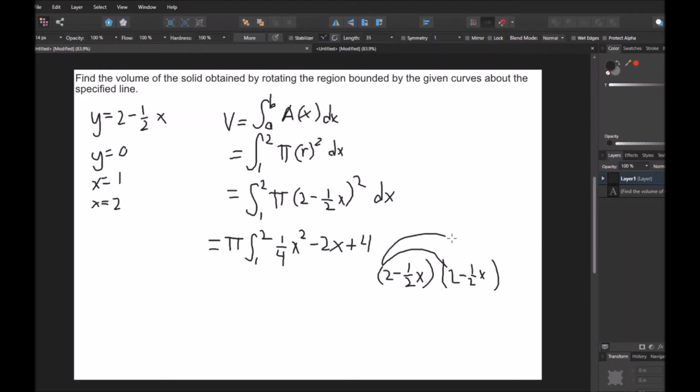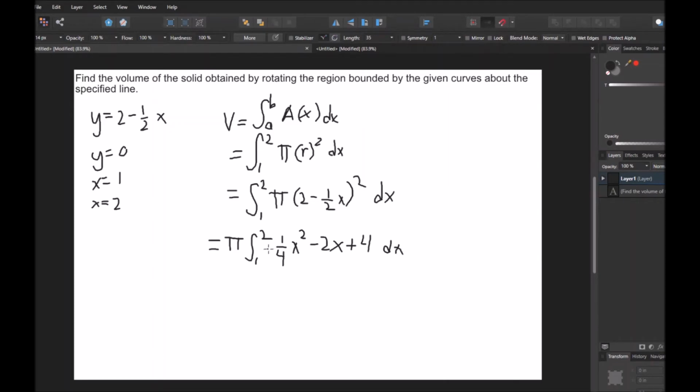Then the 2 and the negative 1/2 x give us negative x, and the negative 1/2 x and the 2 give us negative x, so negative x minus x is negative 2x, and then this negative 1/2 x times negative 1/2 x is positive 1/4 x squared, and we're still going to have our dx there.